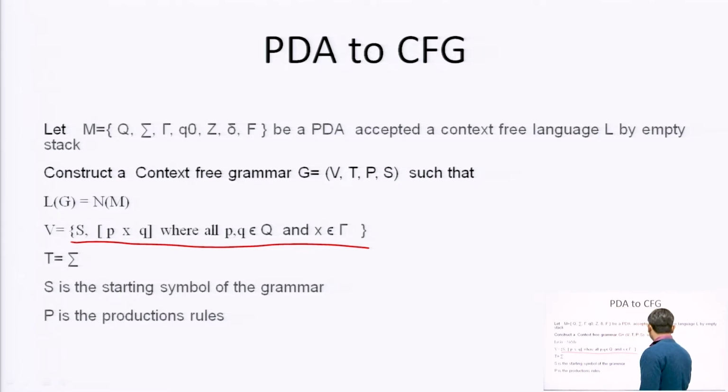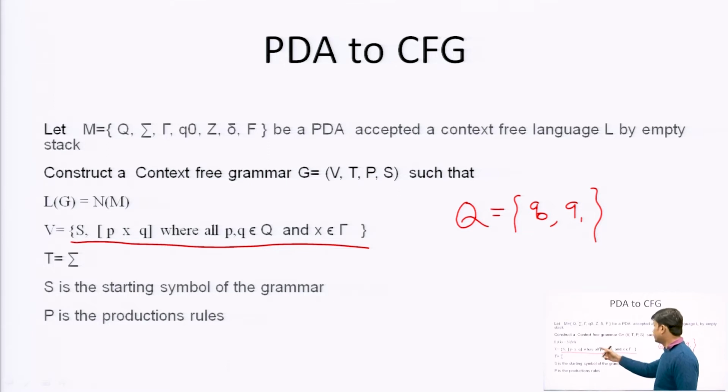Suppose a pushdown automata has two states, Q0 and Q1. Let us see what variables will be there.